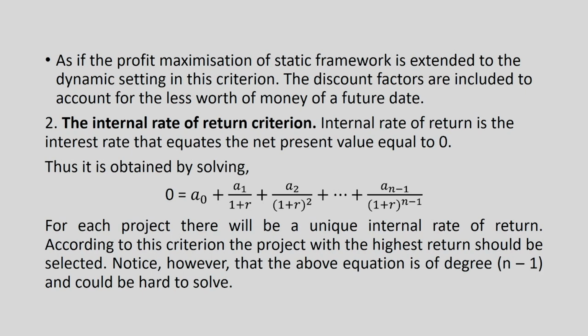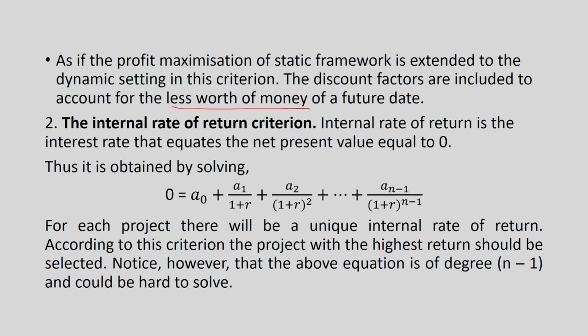But here, since there are many periods involved, we are extending the same idea of maximizing profit over many periods. The additional thing that is coming here is the discount factor. The discount factors are included to account for the lesser worth of money at a future date. This is something we have discussed before. So, you have to include the discount factor if you are talking about the future.